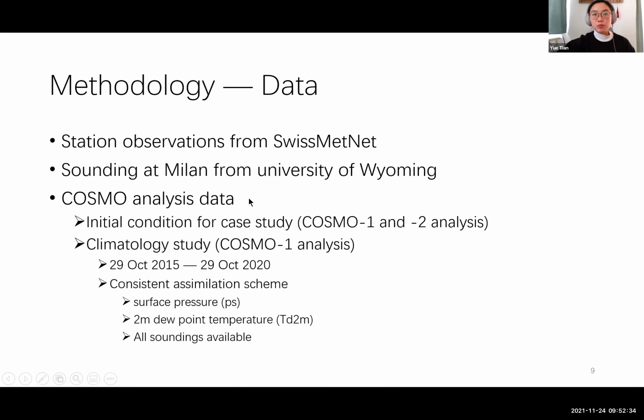And we use COSMO analysis data for two purposes. First, we use it to initiate the simulations. And also we are using a longer time period of this analysis data to study the foehn climatology, or the foehn bias climatology.